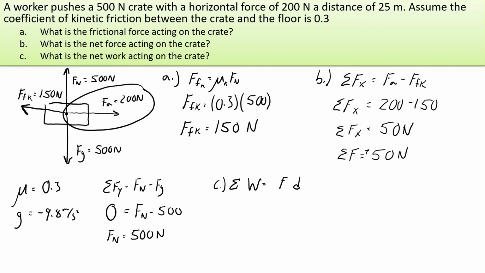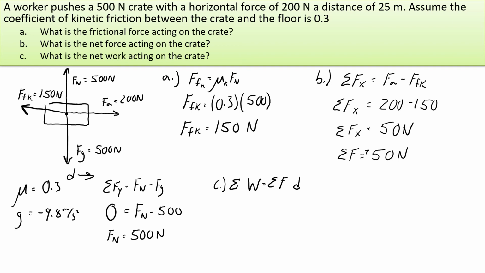But the applied force is doing positive work, and the frictional force is doing negative work because your displacement is to the right. Right now we're finding the net work, the total work that both of those forces are doing together, by substituting in the net force of those two forces.